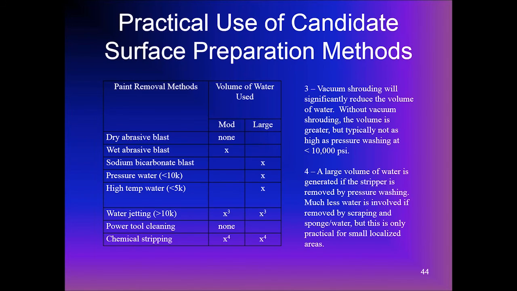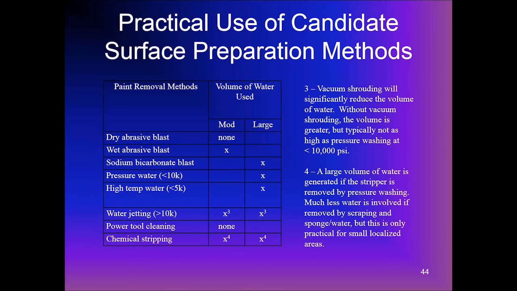Okay, now let's look at the volume of water used. Dry blasting doesn't use any. Wet blasting uses a moderate amount, as you saw from that vapor blast. It's just like beach sand. You can really cut it down so there's not much water used. Sodium bicarbonate, low pressure water, and high temperature low pressure water, the next three, have reasonably large amounts of water.